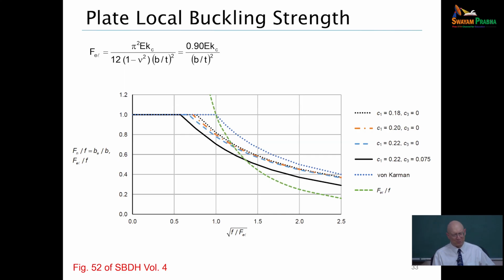Yeah, I should get some restraint from those flanges. And so we've played games with that coefficient, where in Eurocode you just always use 0.22. And we like to knock that down to either 0.2 or 0.18, depending on the element that we're talking about. And so that changes the curves a little bit. It gives you the dot-dash orange curve or the dotted black curve.